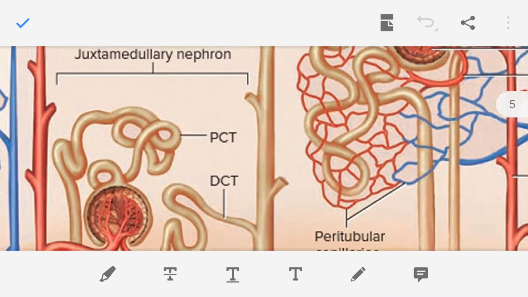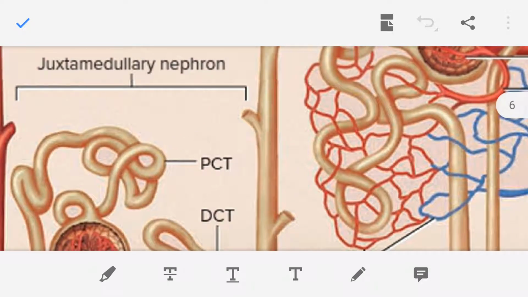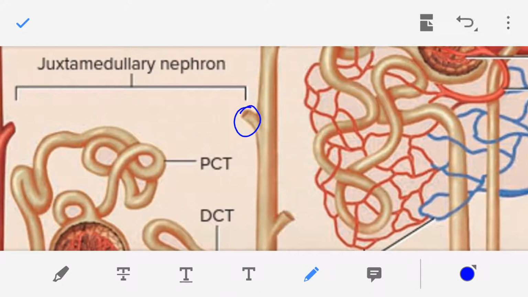Now what does this mean? We can understand there are many nephrons, in fact millions of nephrons are present in the kidney. Even though the figure shows only two, there are so many.